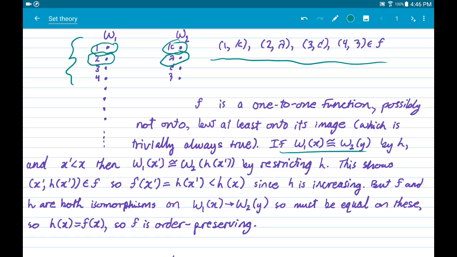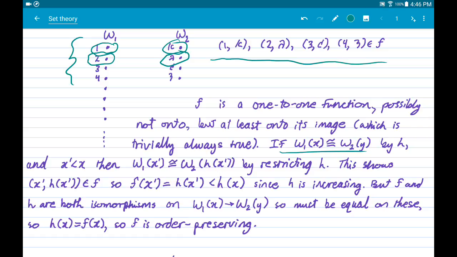Then it is very easy to just restrict h and argue that the resulting restriction is an isomorphism from x prime, the initial segment given by x prime, to the initial segment given by h of x prime. So what this does for us is it shows that the pair x prime, h prime is in the function f, right?